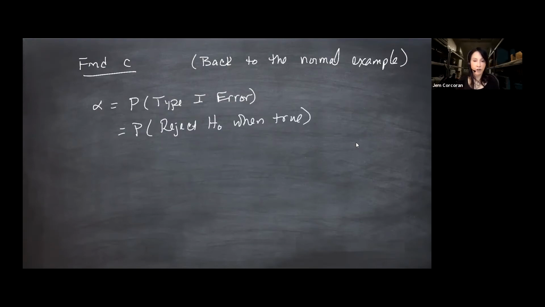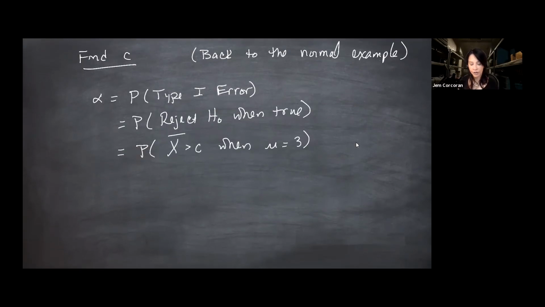And rejection for us, because we figured out the kind of direction the test would have to go, is going to be observing X bar greater than C when the null hypothesis is true, which means that mu equals 3. Okay, so I started with a normal distribution. So X bar is going to be normal.